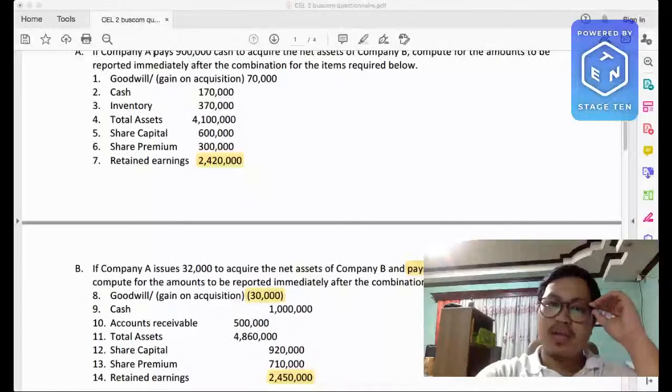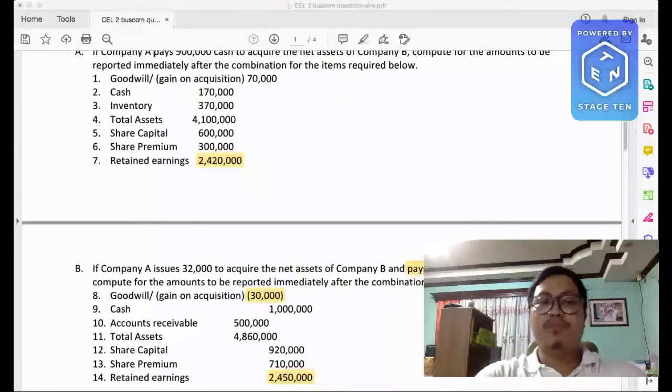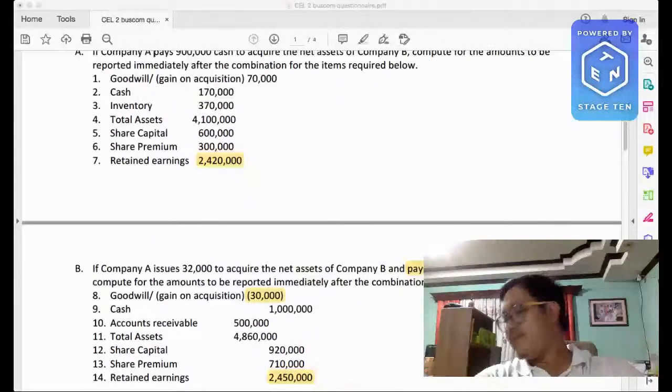So what then will happen? The unabsorbed portion, the stock issuance cost not absorbed by the additional share premium, will be deducted to your retained earnings. That's another item that could affect your retained earnings. Okay, I'm just able to mention that right now.